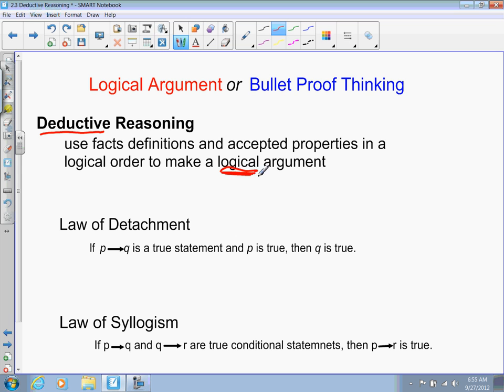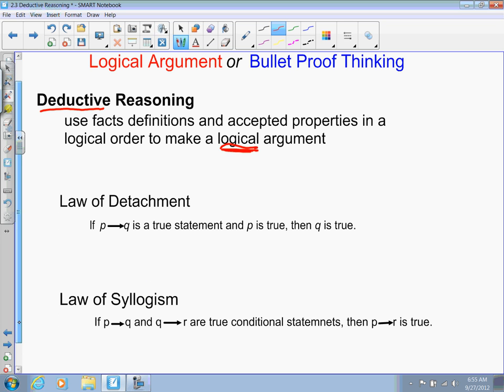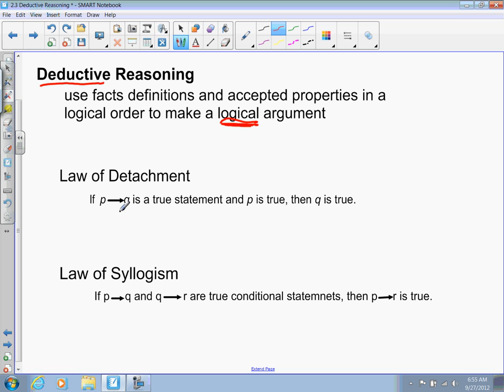So the law of detachment and the law of syllogism are two laws that we can use with our conditional statements. The law of detachment is a pretty basic one. We want to state it because if it wasn't true, we'd be in trouble and there'd be no point to making these logical arguments.